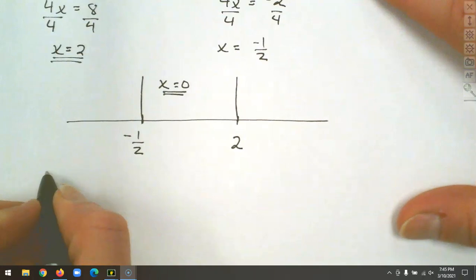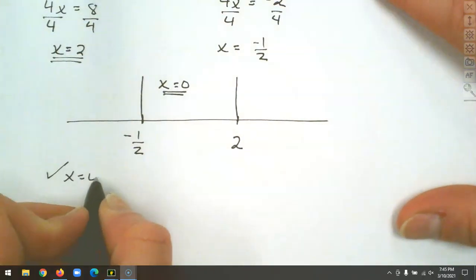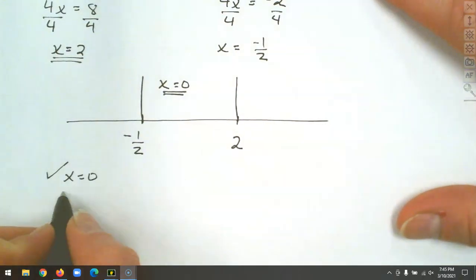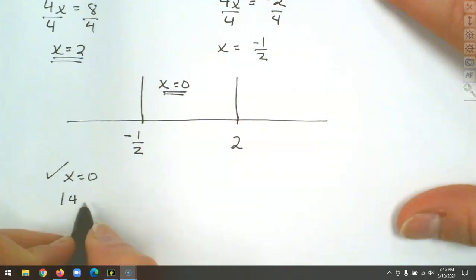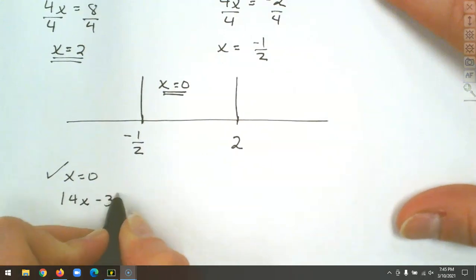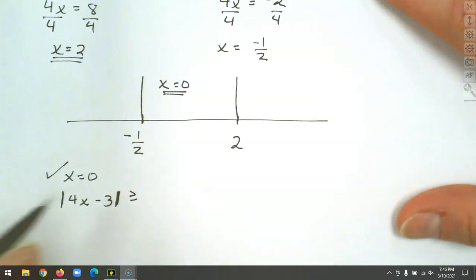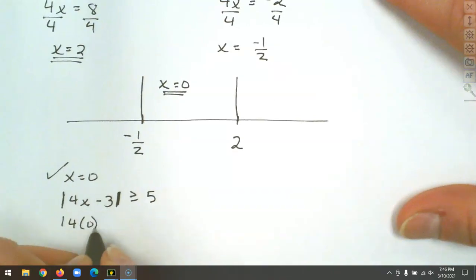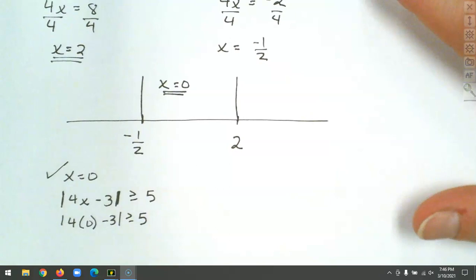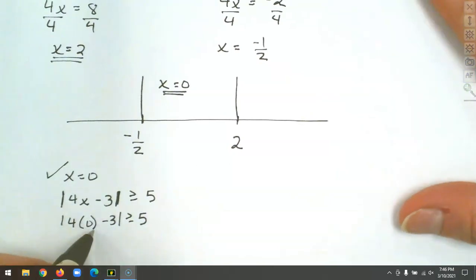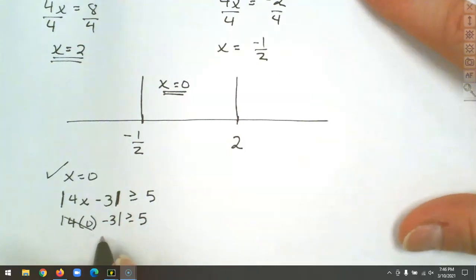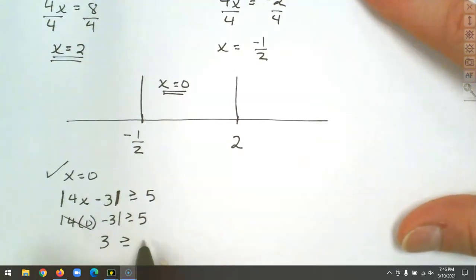So now we're going to check x equals 0, and we're going to check that in the absolute value of 4x minus 3 is greater than or equal to 5, so we'll plug in our 0. 4 times 0 is 0, and that's gone. What's the absolute value of a negative 3? Well, that's a positive 3.